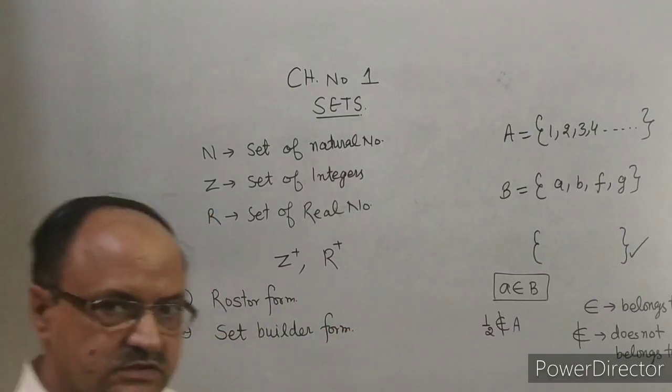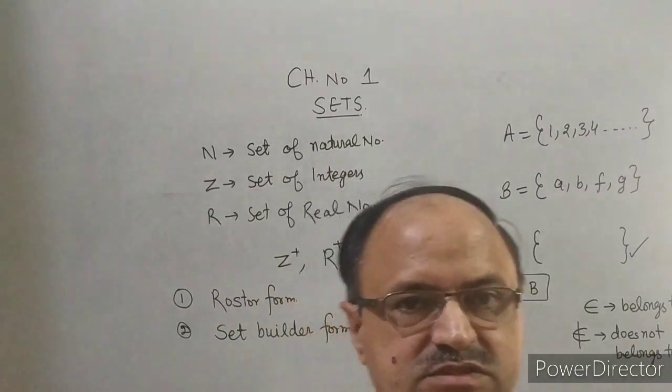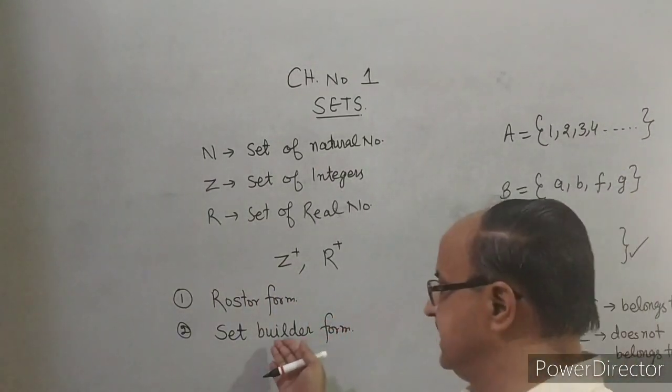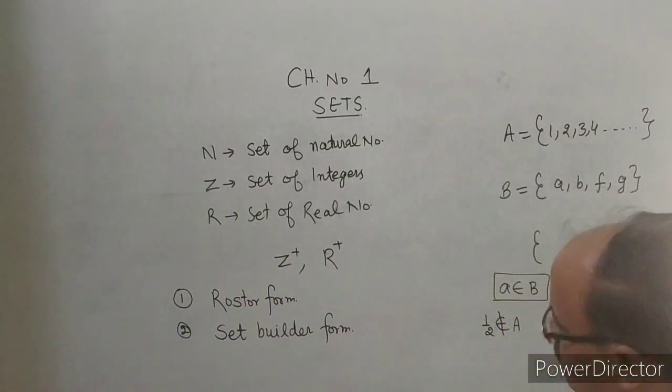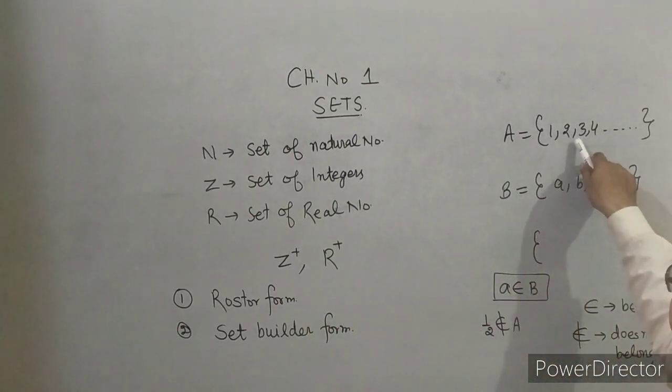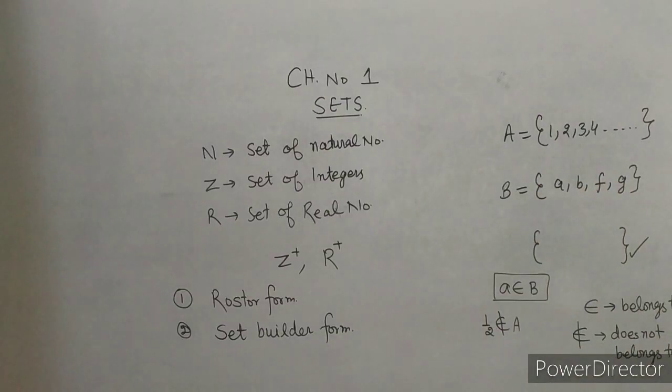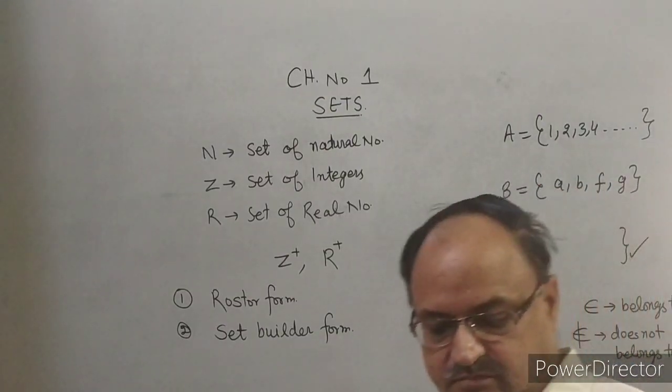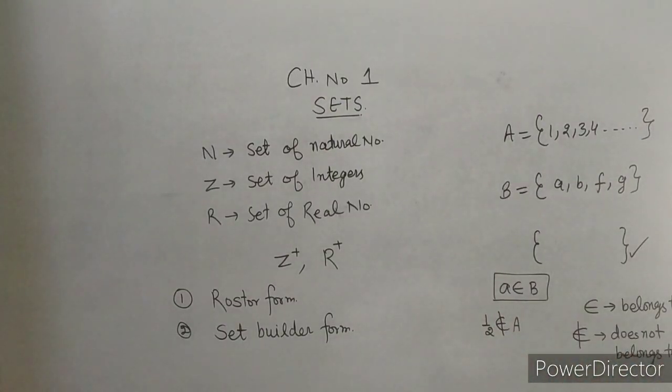There are two methods of representing the sets: roster form and set builder form. In roster form, the elements are represented in this way. Correct?